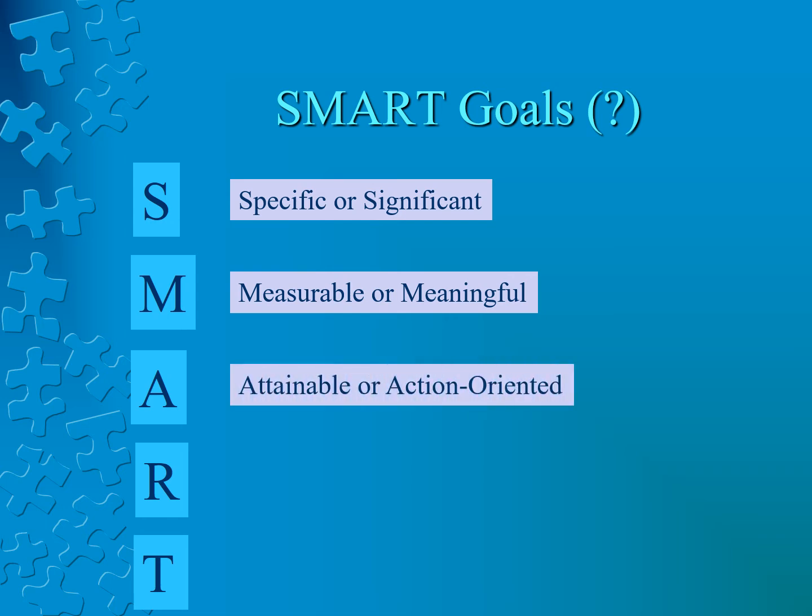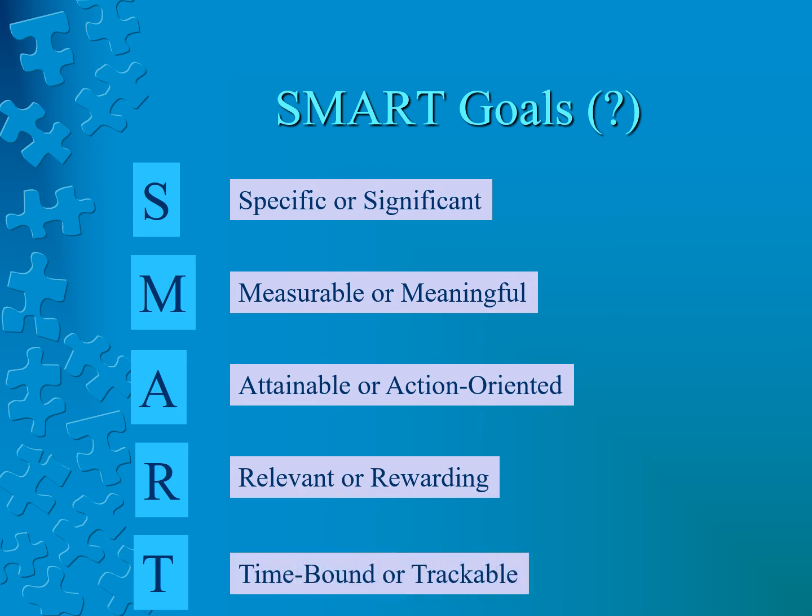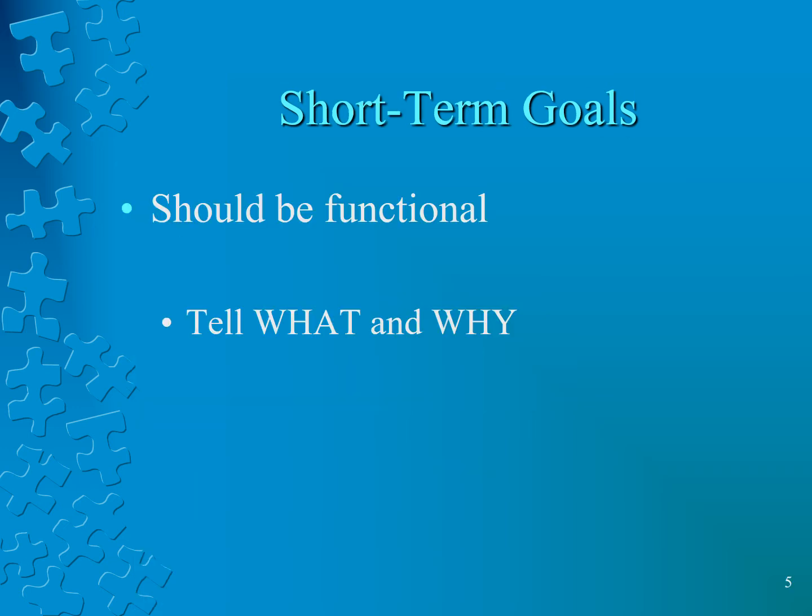A is attainable or action-oriented. R is relevant or rewarding. And T is time-bound or trackable. So when we think about a long-term goal, it's not necessarily time-bound yet, because you're thinking about what you want over the course of a child's life. But when we think about session goals, SMART goals are certainly highly applicable.